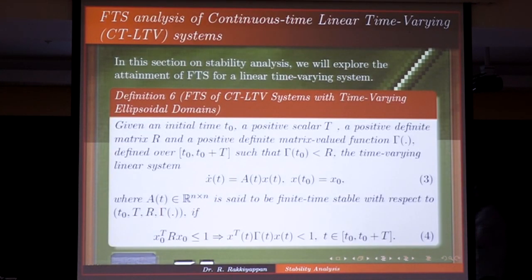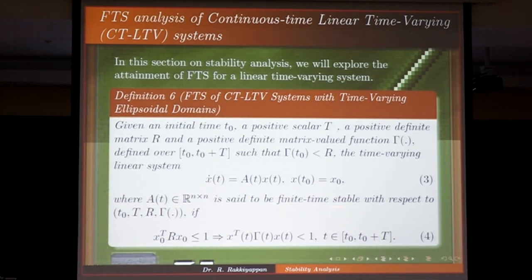Okay, here we have to study the finite time stability analysis of continuous time linear time varying systems. In this section on stability analysis, we will explore the attainment of FTS for linear time varying systems. Consider the linear system x dot equal to A of t, x of t, with initial condition x of t naught equal to x naught, where A of t is a matrix from R^(n by n).